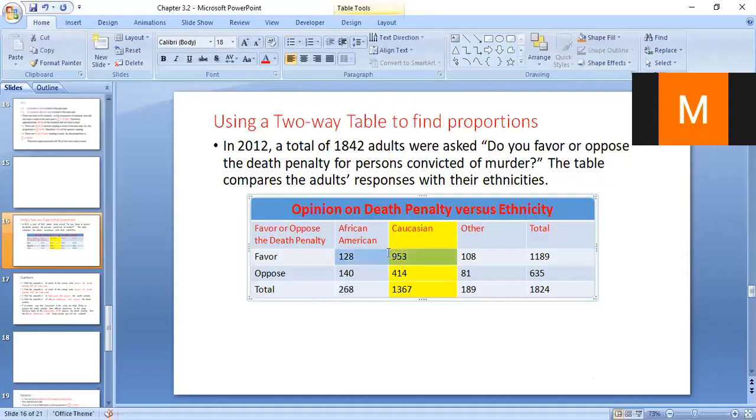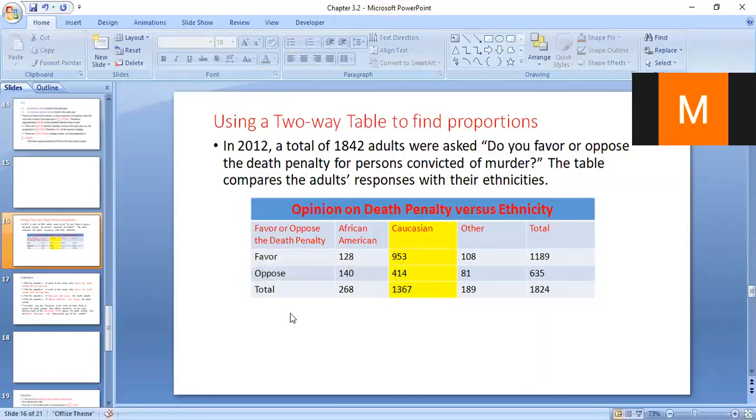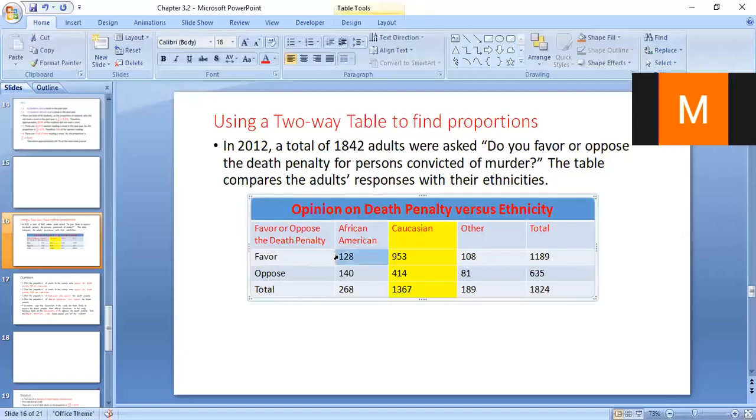In the Caucasian, you use 953 divided by 1,367. If the question is the proportion of favor, you use the number of favor divided by the total. Depending on the question, if the question is favor, you use the number of favor. If the question is opposed, you use the number of opposed. You divide by the total number. Any question about this problem?